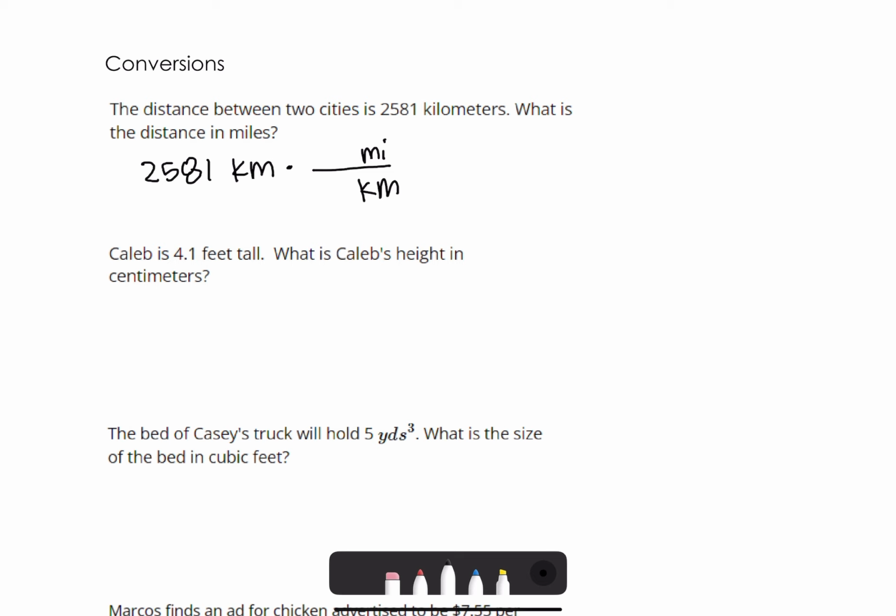It's under length and it's US to metric. So 1 kilometer is about 0.621 miles. And all you have to do is put that in your calculator and you get 1,602.801 miles.